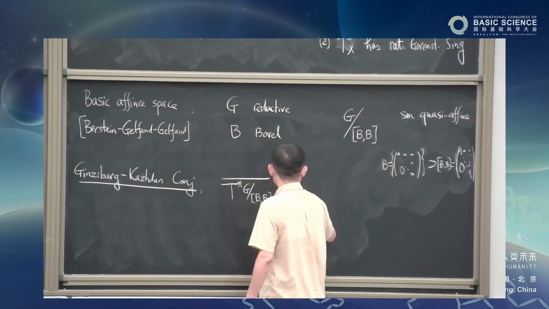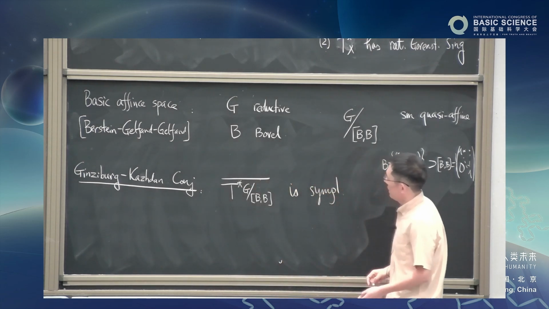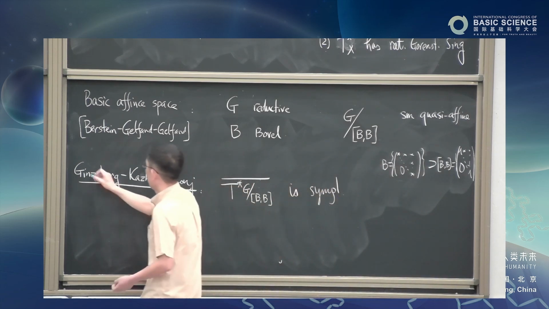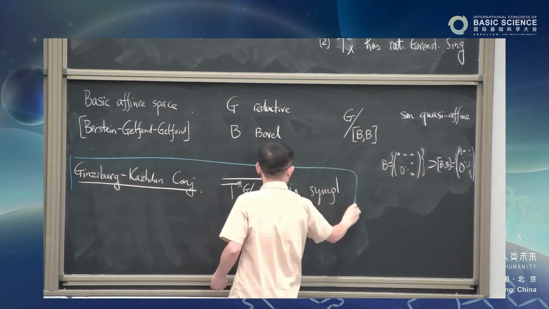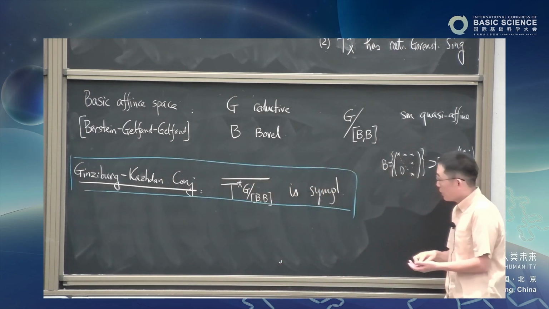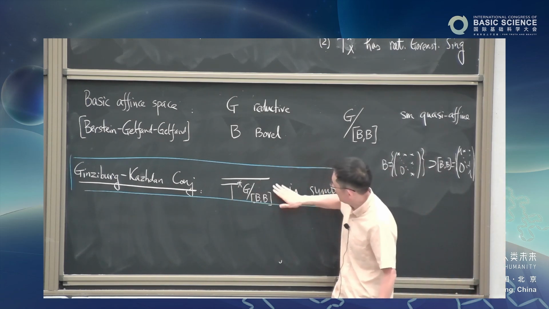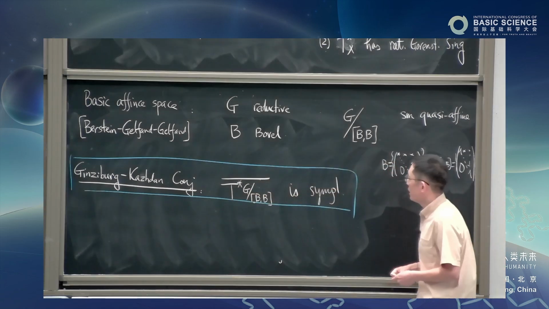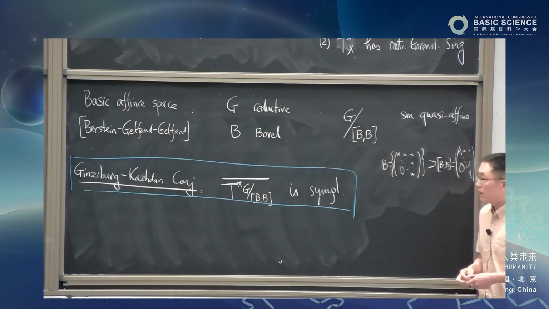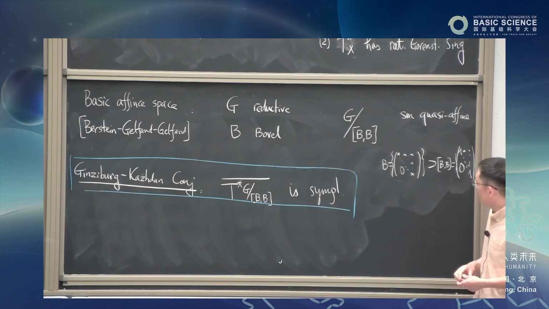This is symplectic. So this is their conjecture. You know why they proposed this conjecture? Because this space naturally appears in representation theory, and then they believe this is something like symplectic varieties.